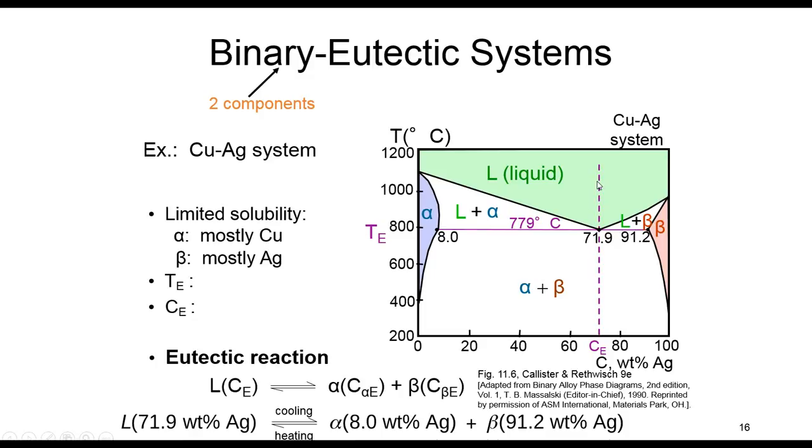For the liquid phase, just a little bit above this point, we have 71.9 weight percent of silver. If we cool it down, then we have alpha phase that has 8 weight percent of silver, plus beta phase that has 91.2% silver.